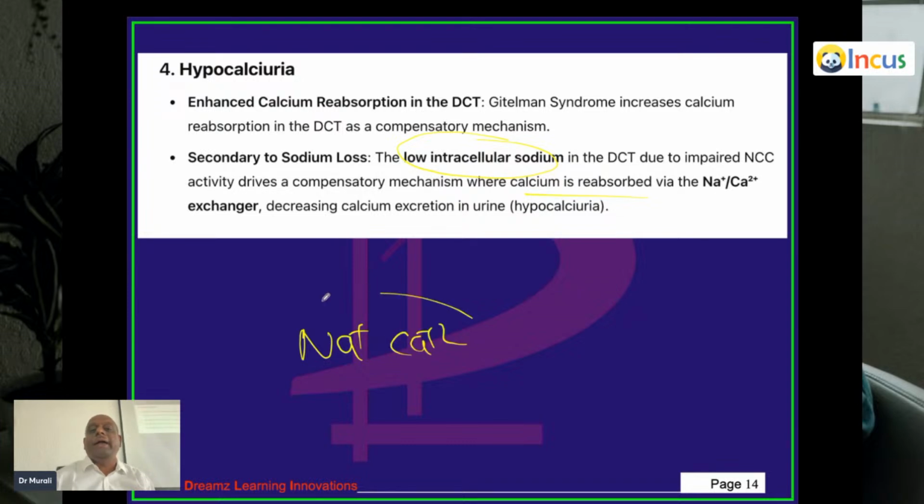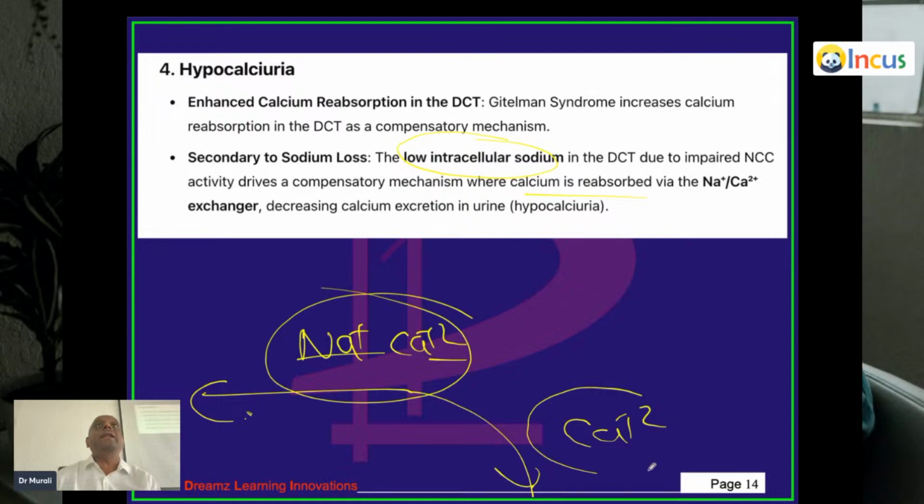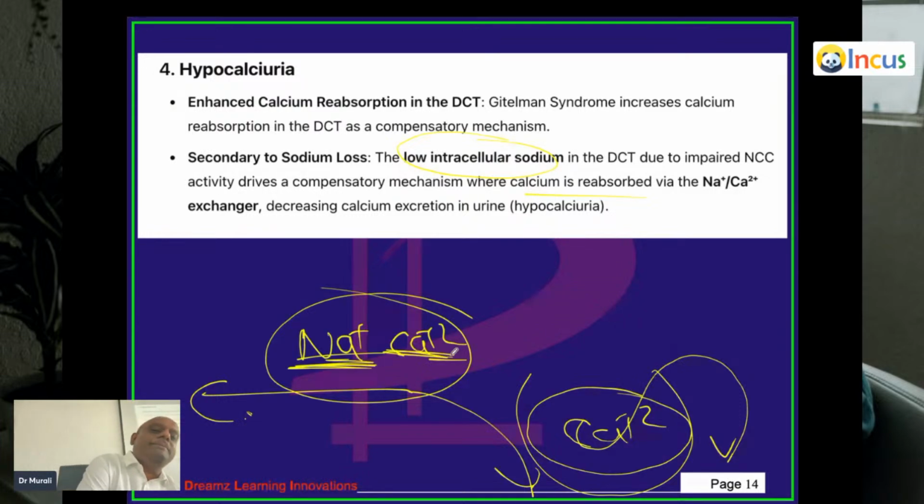sodium calcium exchanger. There is something called the sodium calcium exchanger. What will the sodium calcium exchanger normally do? It will reabsorb sodium and lose the calcium into tubular fluid and into the urine. In the distal convoluted tubule, it will lose the calcium into urine in exchange for sodium into the interstitium.